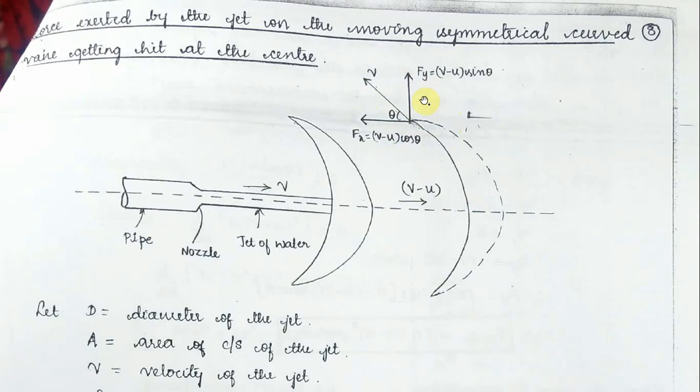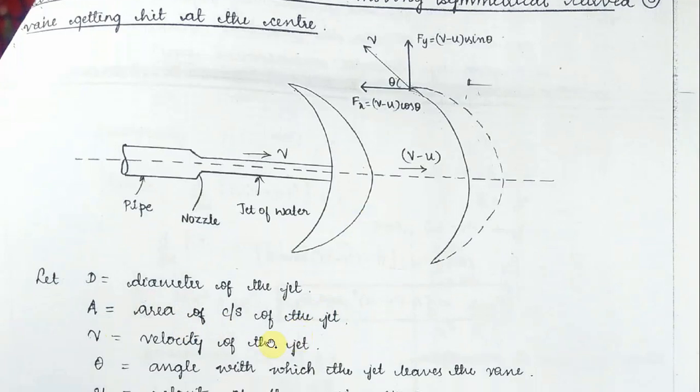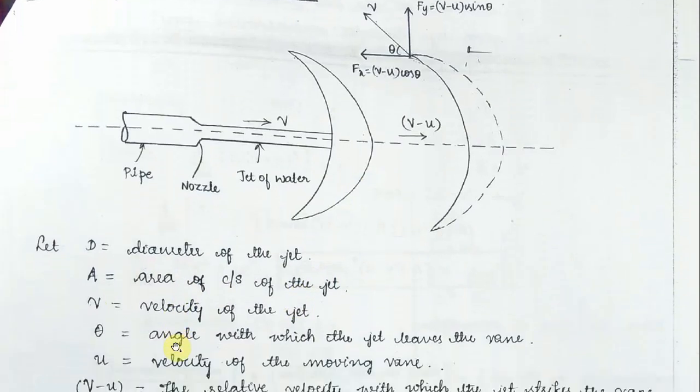In the previous case, V into sin theta was there for Fy, and V into cos theta was there for Fx. Now, as it is moving, Fy is equal to V minus U into sin theta in the vertical component, and Fx is equal to V minus U into cos theta in the horizontal direction. Similarly, let D be the diameter of the jet and A the area of cross section of the jet, and V the velocity of the jet.